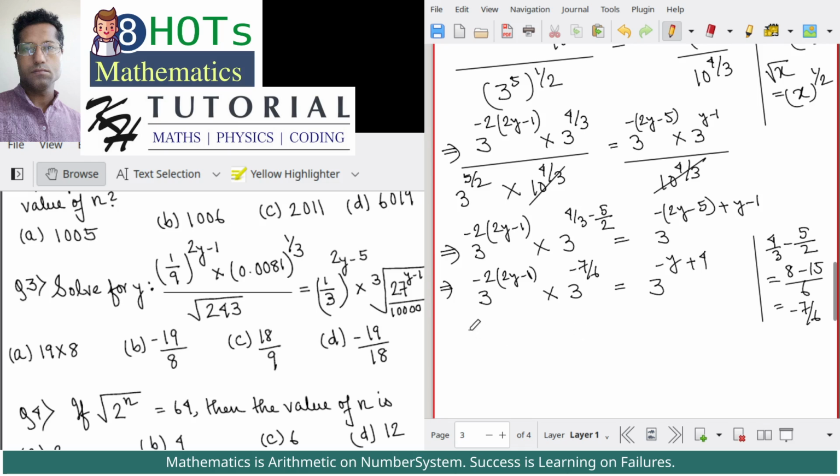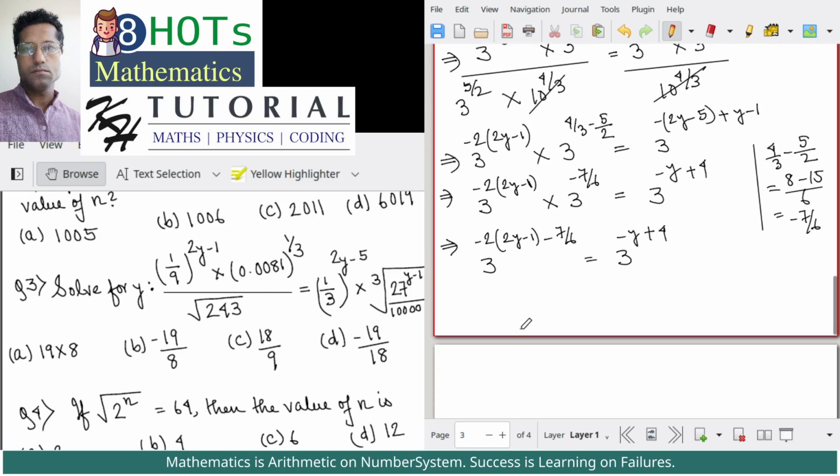Okay. Now the right hand side is a single exponential term with base 3, and the left hand side we can further simplify to a single exponential term with base 3, that is adding up the powers. So the LHS becomes minus 2 into 2y minus 1 minus 7 by 6 is equal to 3 to the power minus y plus 4.